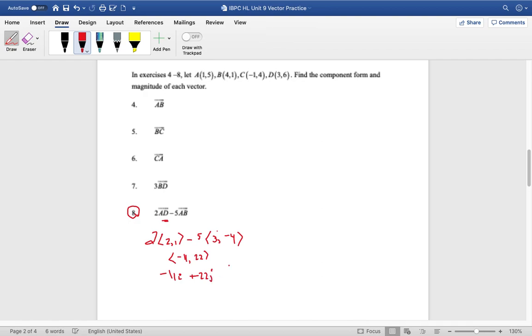But they did ask me for the magnitude. So the magnitude of this vector is the square root of 11 squared, I don't need the negatives if I'm squaring, plus 22 squared. And when I pushed that into my calculator, I got the square root of 605.